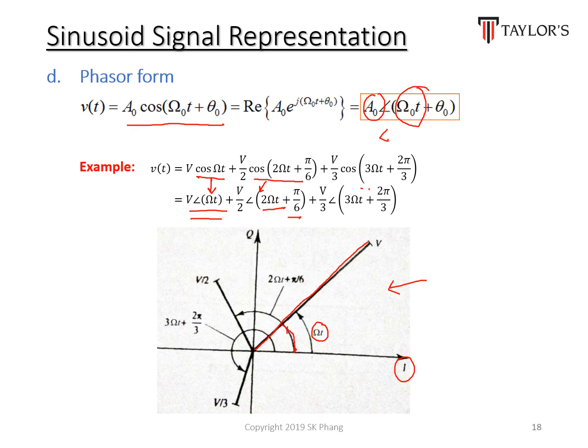We go 2 omega t, roughly around here, and plus pi over 6. That is where we draw the second line. We can follow the same method to draw our third line, and if you have more components, you can draw even more lines.